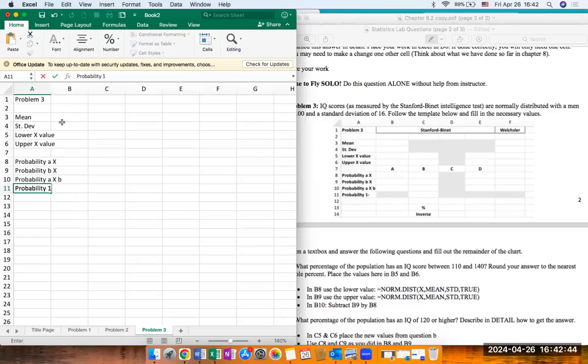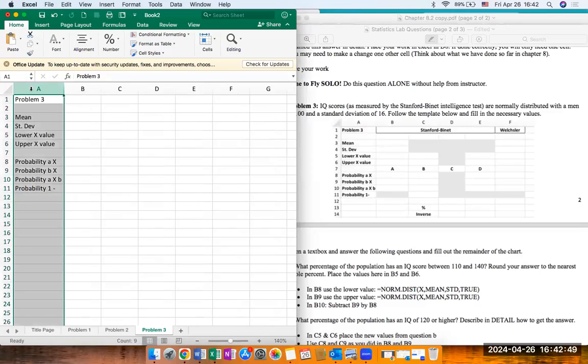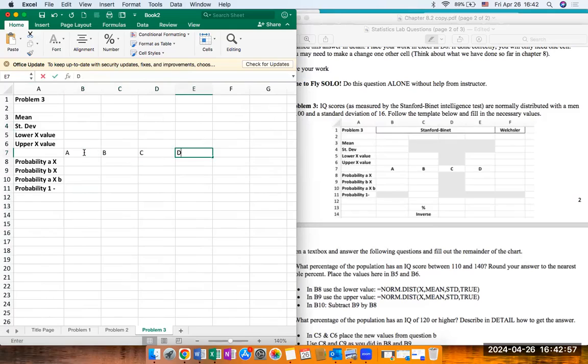Probability, one minus. Okay, so let's expand that. All of this I want in bold. Let's see, we have A, B, C, D. Again in bold. Other things we want to do, let's fill in some gray.